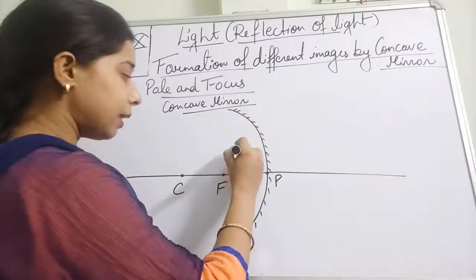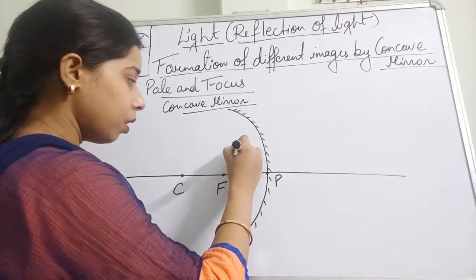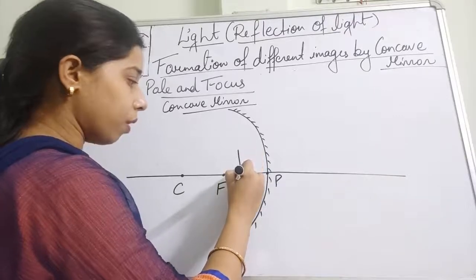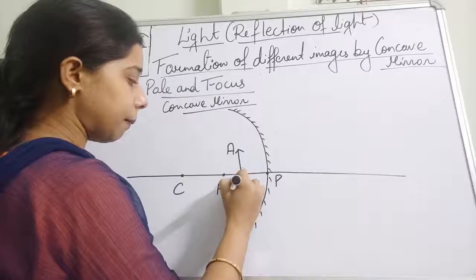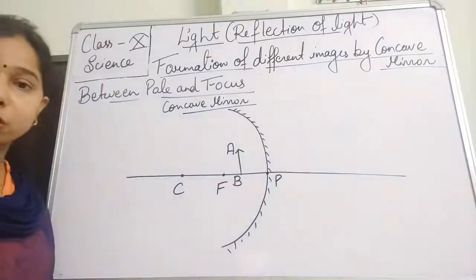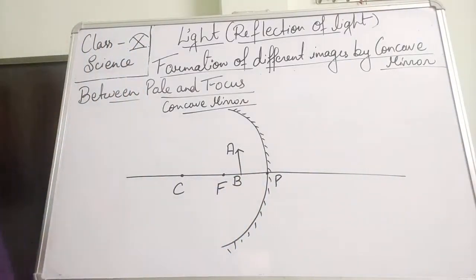So the object is kept between the pole and the focus. This is A and this is B. This is the object, student.